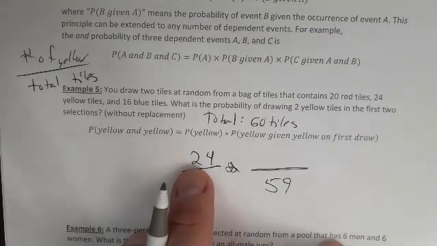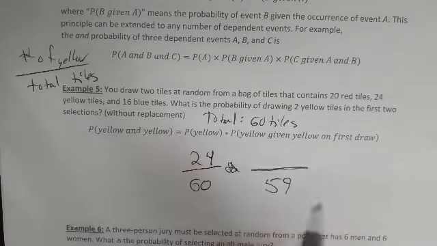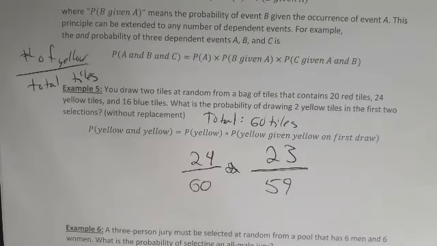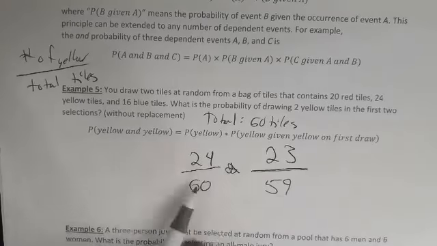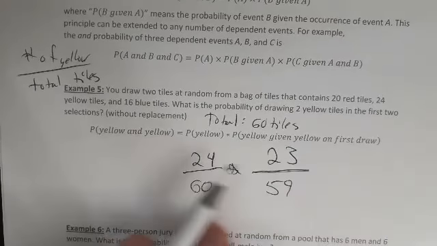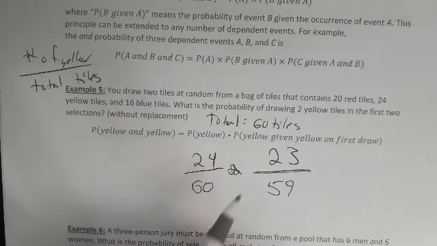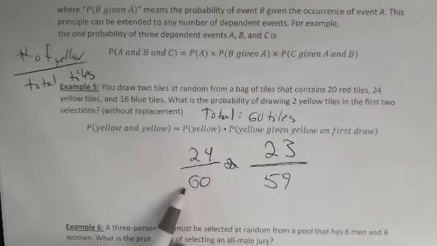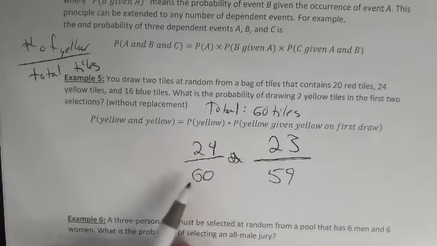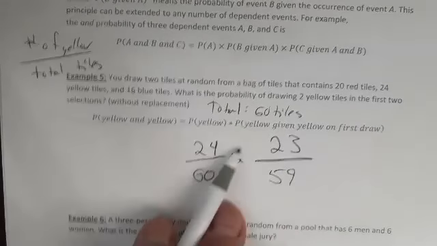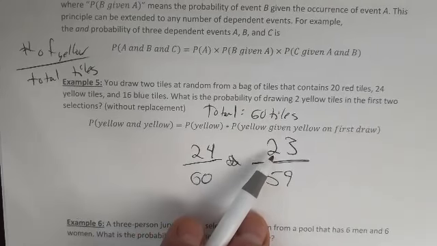And if I draw one and it is yellow, the next one, there will only be 23 yellow to draw from. So this one has to go down, and this one has to go down if this first one we drew was yellow. So we have to take into account the fact that we drew out a yellow from this thing. We take it into account by subtracting 1 from the total, by subtracting 1 from the number of yellow tiles there are.